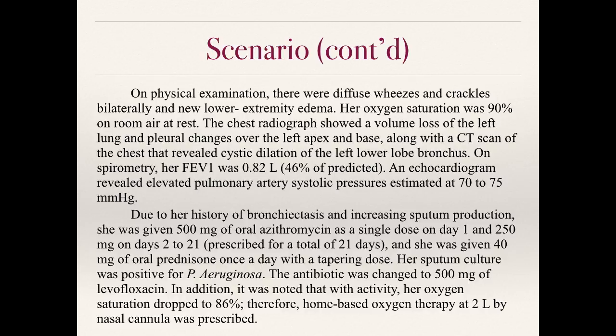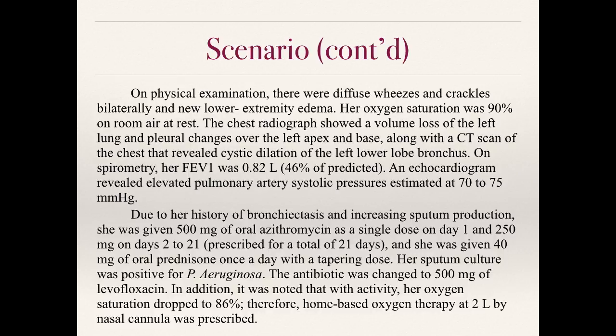Chest radiographs showed a volume loss on the left lung and pleural changes over the left apex and base, along with a CT scan of the chest that revealed cystic dilation of the left lower bronchus. On spirometry, her FEV1 was 0.82 liters, 46 percent of predicted. An echocardiogram revealed elevated pulmonary artery systolic pressure estimated at 70 to 75 millimeters of mercury.